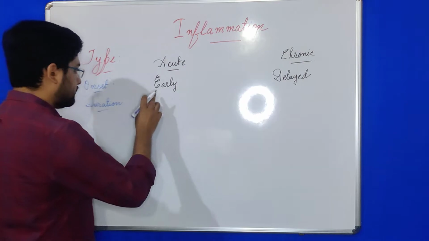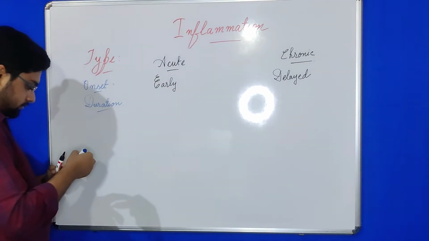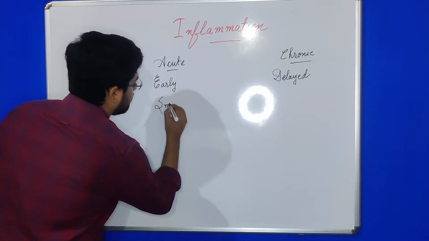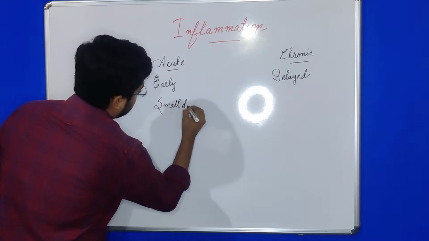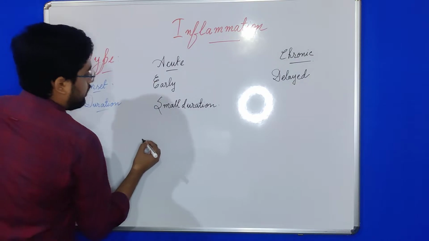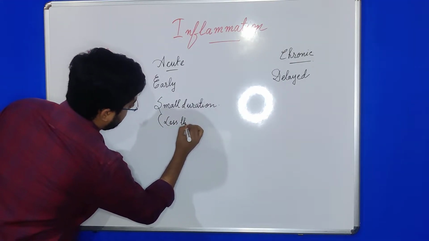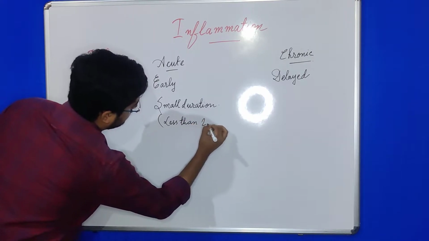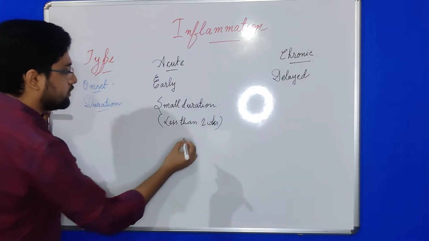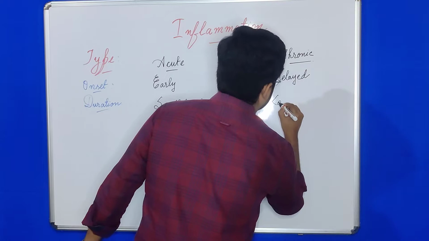Again, acute means small duration, commonly less than 2 weeks, and chronic has longer duration.